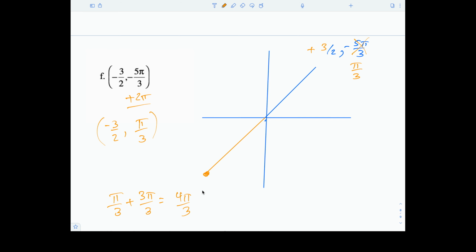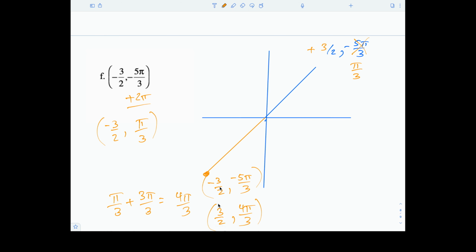So this is the equivalent of negative 3 over 2, negative 5 pi over 3. This is where this lives, but this is also the same thing as 3 over 2 comma 4 pi over 3.